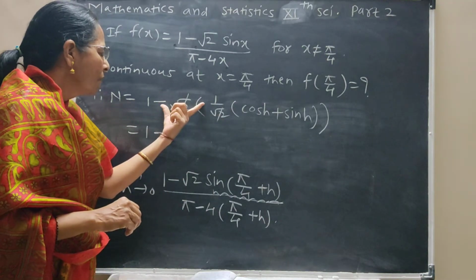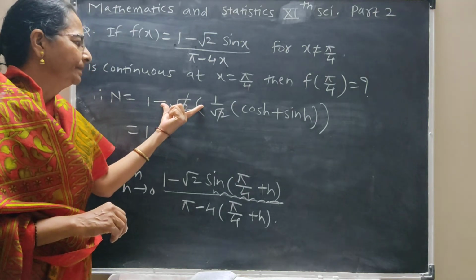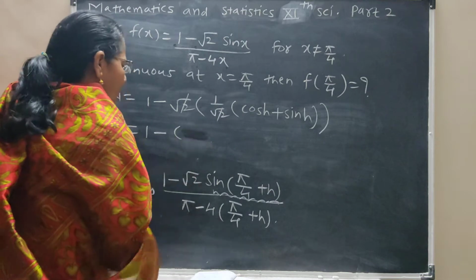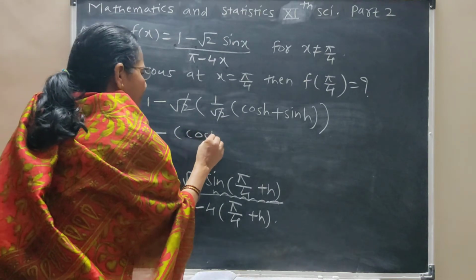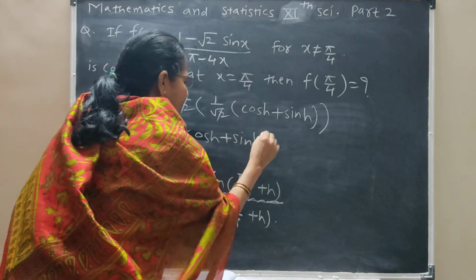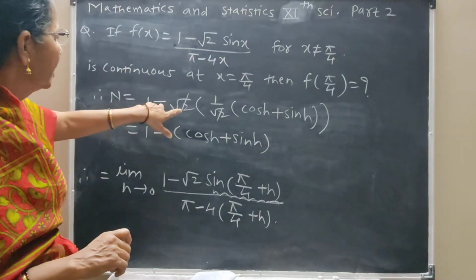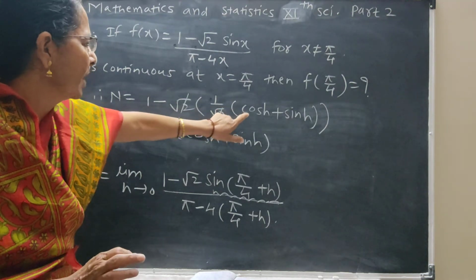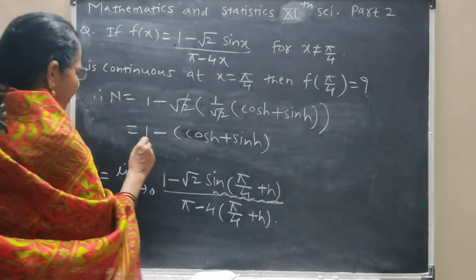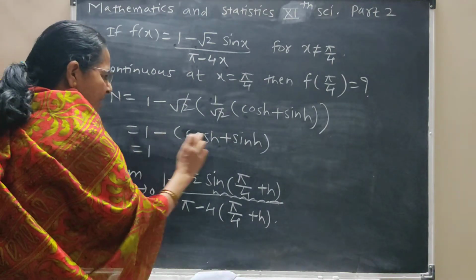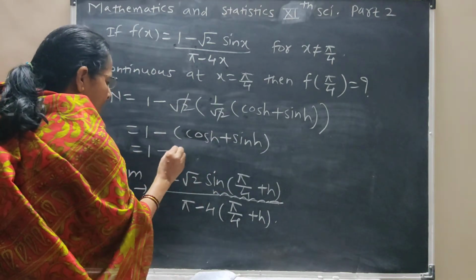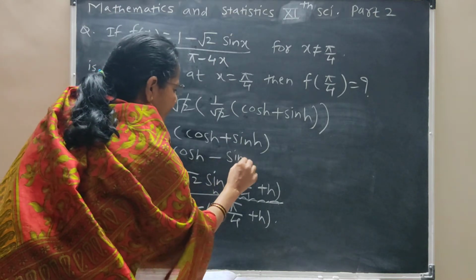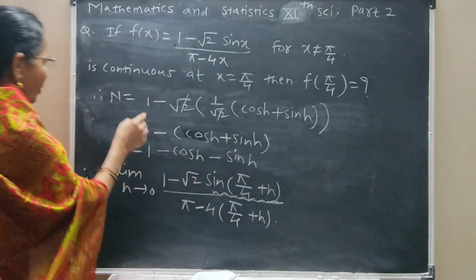Outside the bracket there is a minus sign, so we get 1 minus (cos h plus sin h). 1 into this bracket is this bracket. Next step, the sign changes inside: 1 minus cos h minus sin h. This is the value of the numerator.